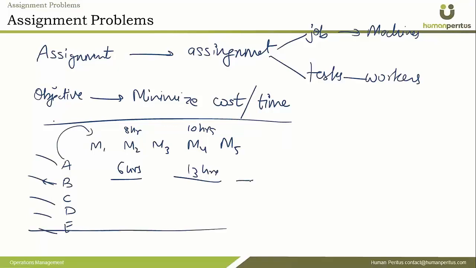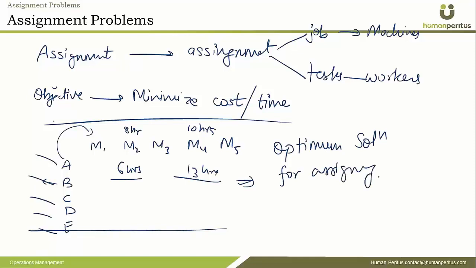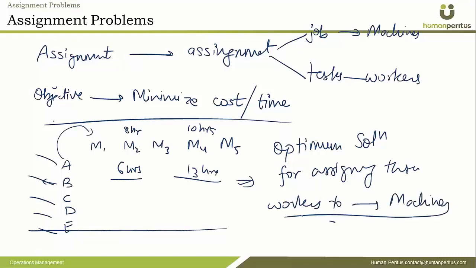So the assignment problem gives us an optimum solution for assigning these workers to the machines. Okay, so this will become clearer when we do the questions.